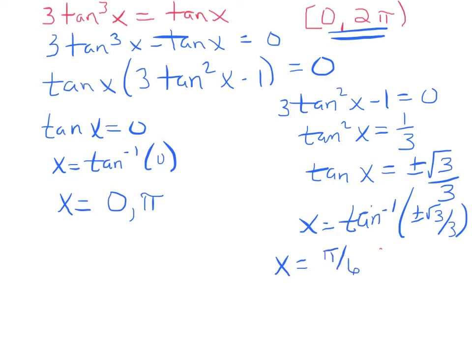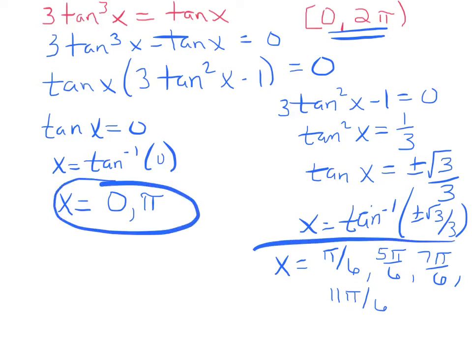So the first quadrant would be pi over 6. I'd have 5 pi over 6, 7 pi over 6, and 11 pi over 6. Okay? So all of these values satisfy that initial equation of 3 tangent cubed x equals tangent x. Okay? Those are all the values between 0 and 2 pi that are going to work. Okay? Let's move on.